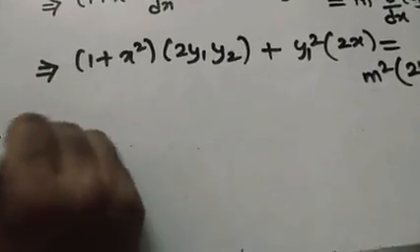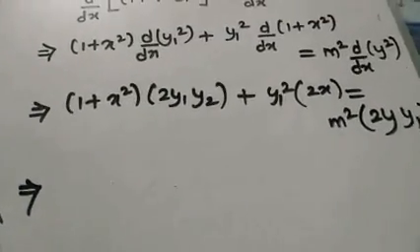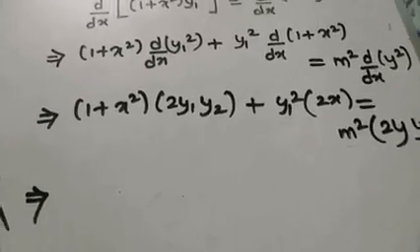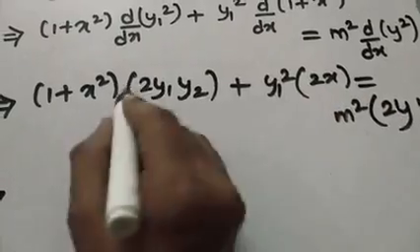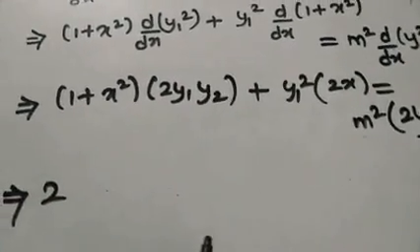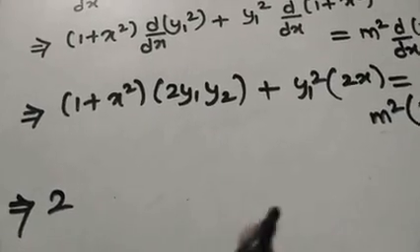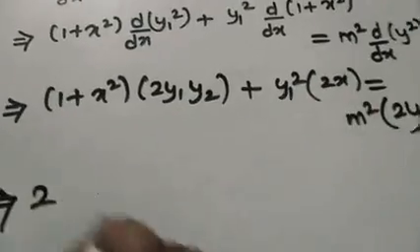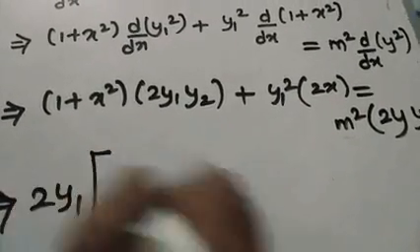Now let us focus on what are the common terms. We can see that in both of these two terms 2 factor is common, so let us take 2 as common, and one more common thing is there, y1 and y1 square, so y1 term is common, so we will take y1 common.